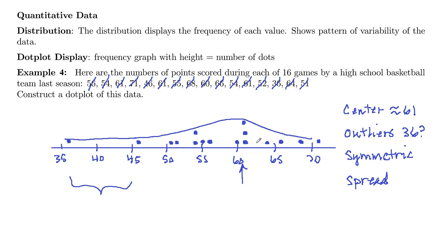Data does look more spread out here than it did in the stem and leaf plot. However, we still see that most of the data is concentrated in the 50s and 60s. So now you should be able to construct a dot plot and interpret it.